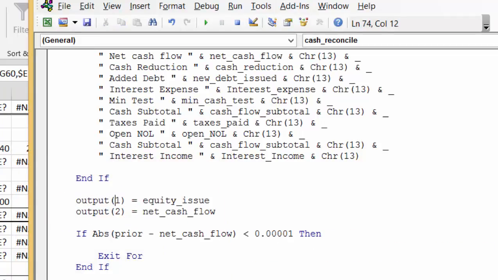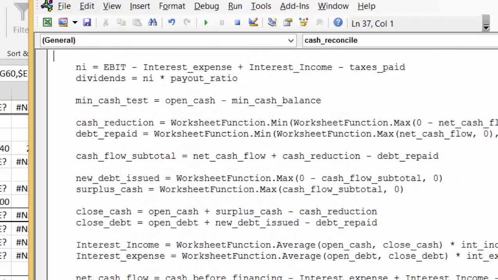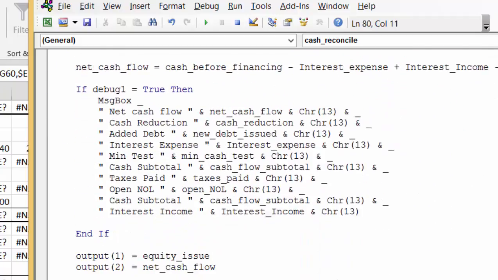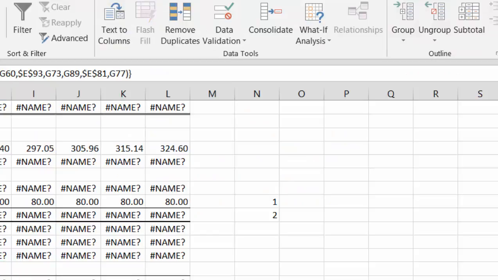Now we have to put this as, it did tell us that we put one at the end. Okay. Now okay, and then we can copy this across.